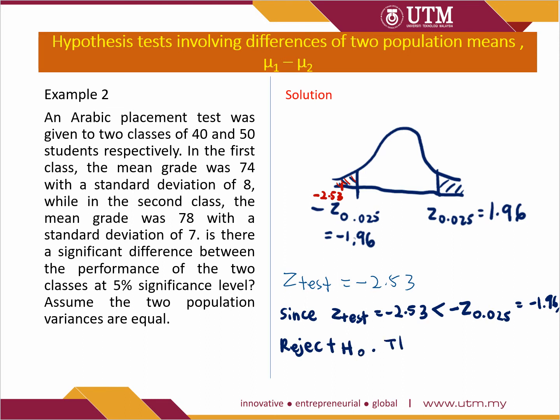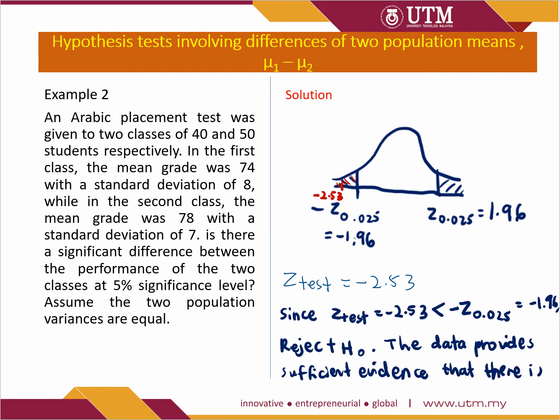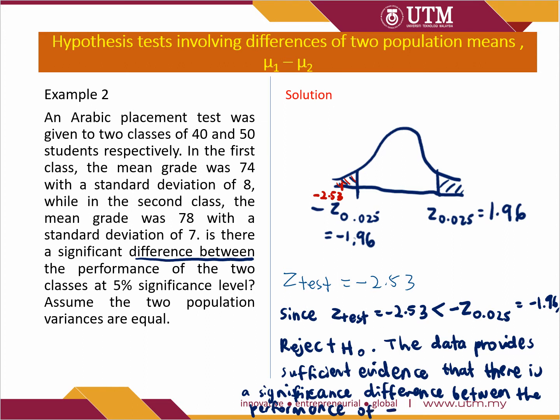Which means that the data provides sufficient evidence that there is a significant difference between the performance of the two classes at 5% significance level.